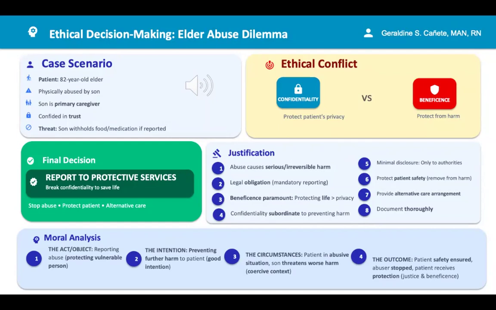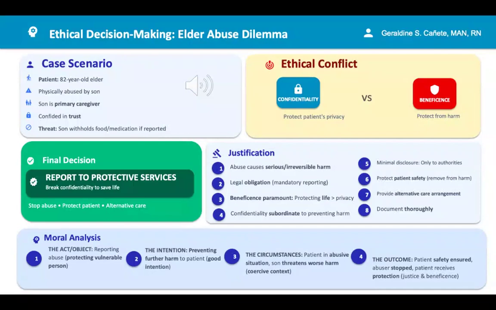This is a fundamental ethical principle that is essential for building trust between patients and healthcare providers. However, confidentiality is not absolute. There are certain situations where it may be necessary to break confidentiality in order to protect the patient or others from harm. What are some arguments in favor of upholding confidentiality in this case?